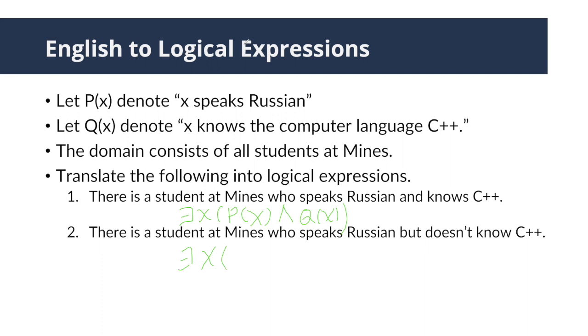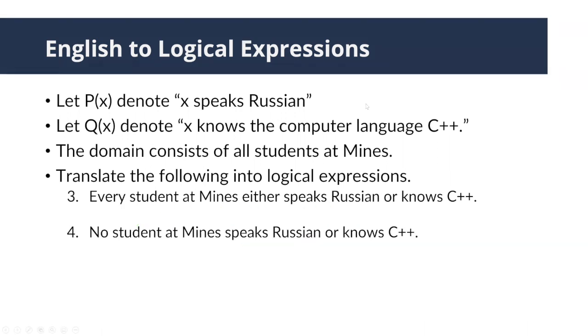Then it says X speaks Russian but does not know C++. Next one. Every student at Mainz either speaks Russian or knows C++. Here, since it says every student, we should use the universal quantifier. Then it says either X speaks Russian or X knows C++.